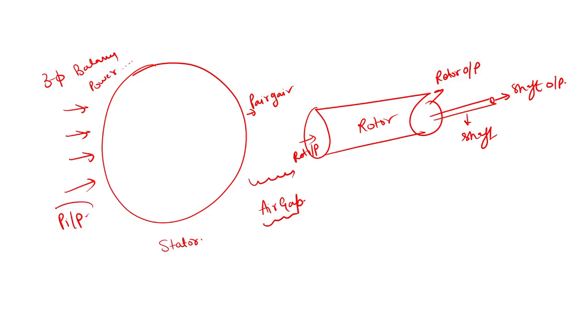Okay. What is P input? The power we are supplying to the three-phase winding, right? After that, in the stator, there is a rotating magnetic field. There is an air gap power, and which is equal to what? Rotor input. So I can say that rotor input is equal to air gap power.